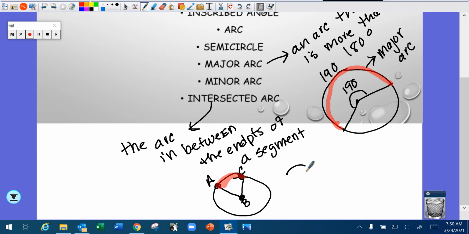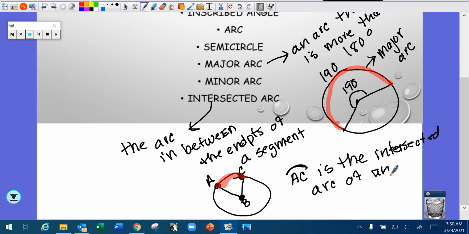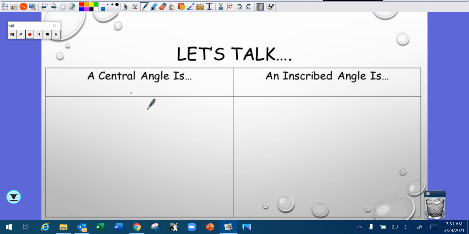So I would say arc AC, and that's the symbol for arc, is the intersected arc of angle ABC. And you can use a symbol for angle if you would like.